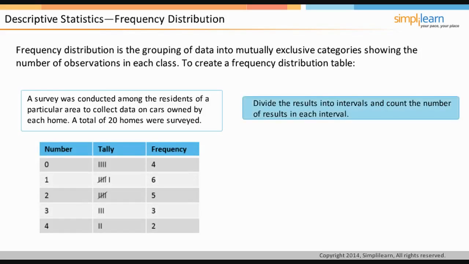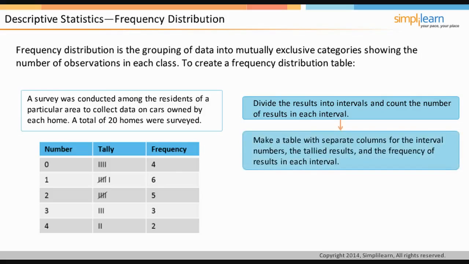the first step is to divide the results into intervals and count the number of results in each interval. For instance, in this example, the intervals would be the number of households with no car, 1 car, 2 cars, and so on.